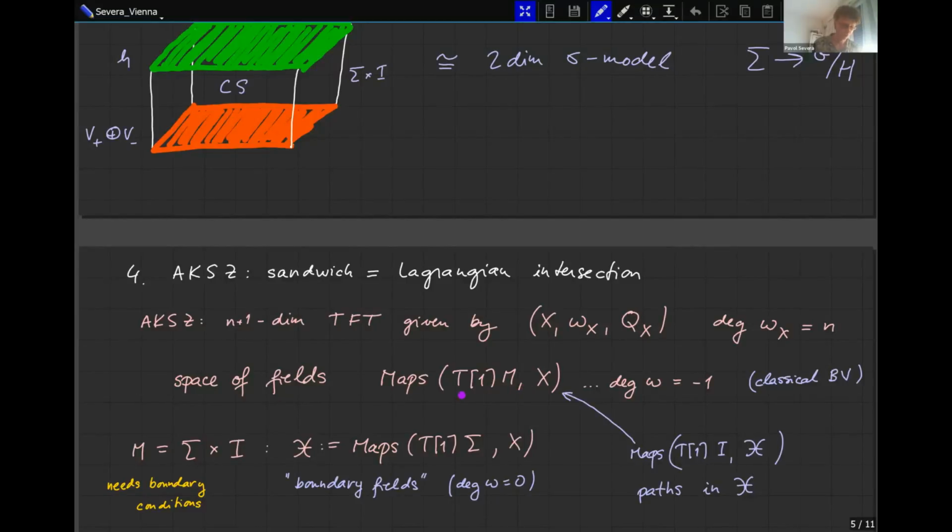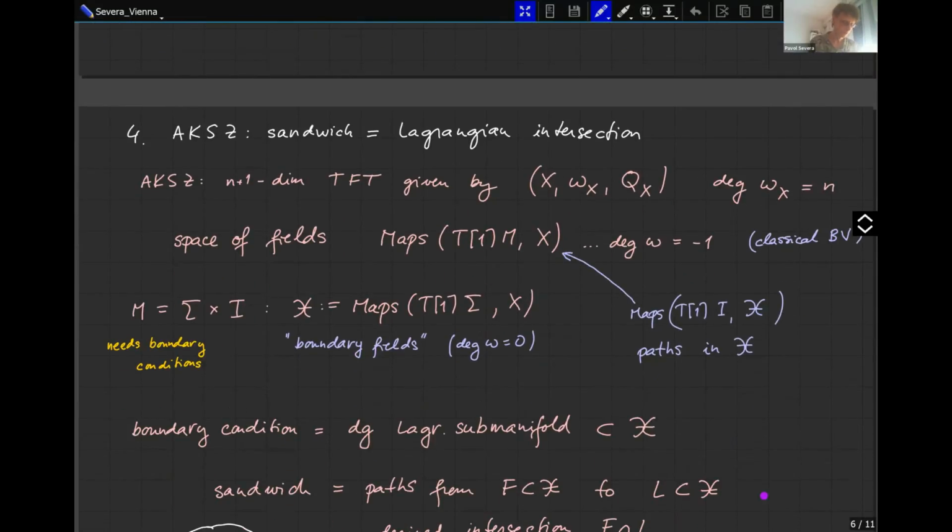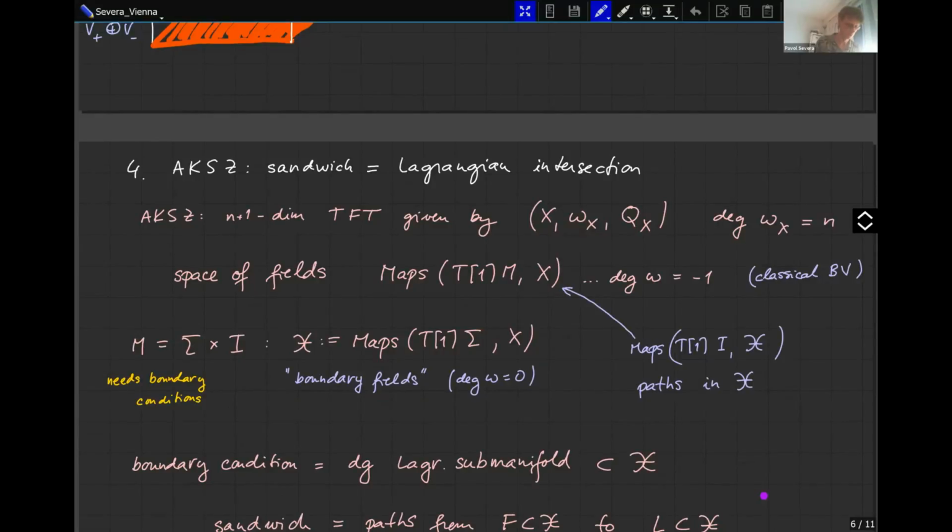And then the space of fields is by definition the space of maps from T[1] of the interval to fancy X, or if you wish, the path space of fancy X. We also need to understand what those boundary conditions are. Since fancy X is our space of boundary fields, a boundary condition is simply a DG Lagrangian submanifold in this DG symplectic thingy.